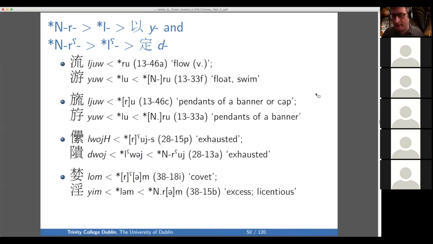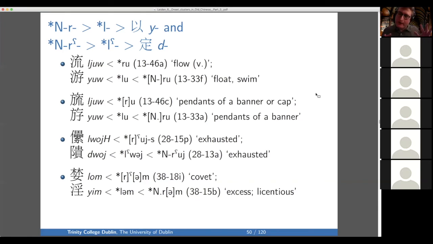So it becomes ya in type B syllables and da in type A syllables. This way they connect, for instance, to flow with to float or swim, pendants of a banner or cap with pendants of a banner, exhausted with exhausted, and covet with excess or licentious.